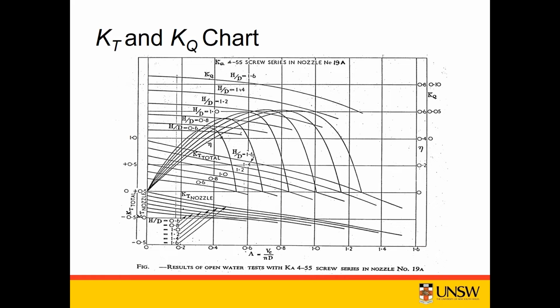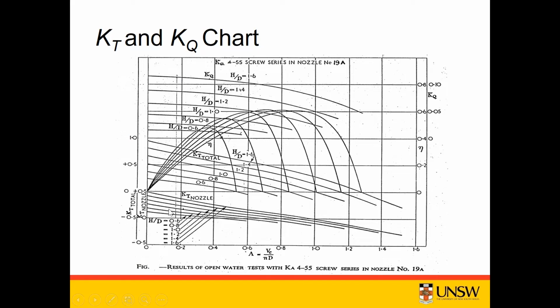This is what a typical KT and KQ chart looks like, where you can see up at the top, these lines up here are the typically 10 KQ values. These lines here are the KT values, and these ones down here are the KTN, or the thrust derived from the nozzle.